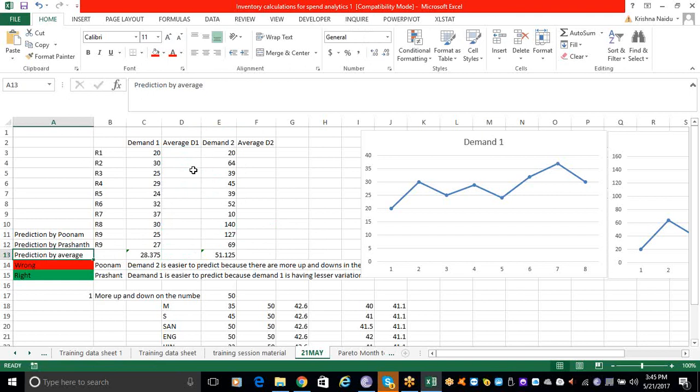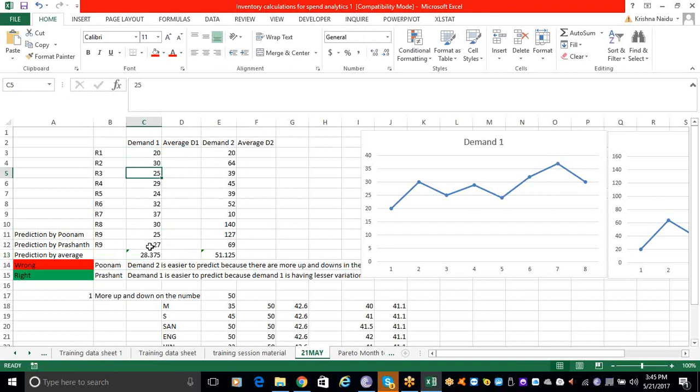What I'm saying is, if we are predicting 28.375, this is only a prediction. But demand can be 20, 30, 25, 29, 24, 32, 37, 30, 25, 27, or another number also.